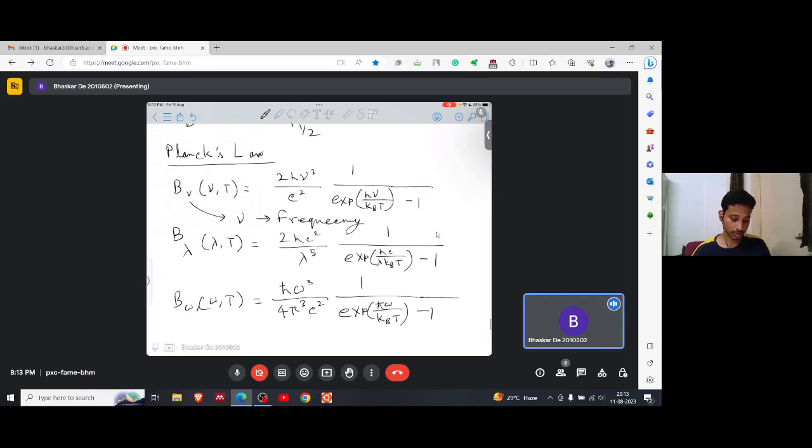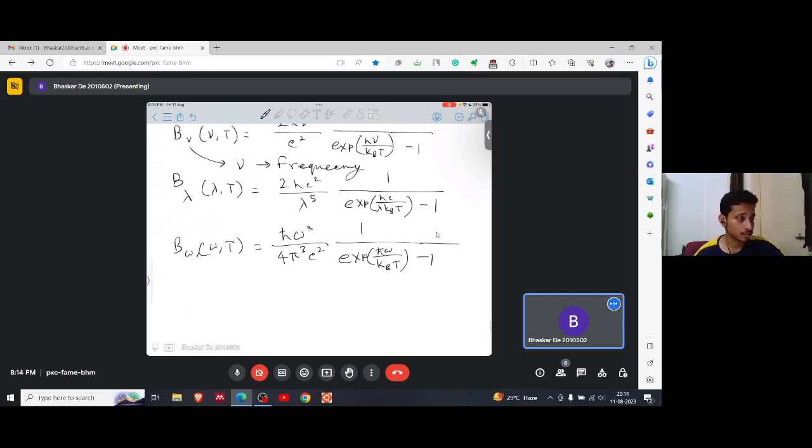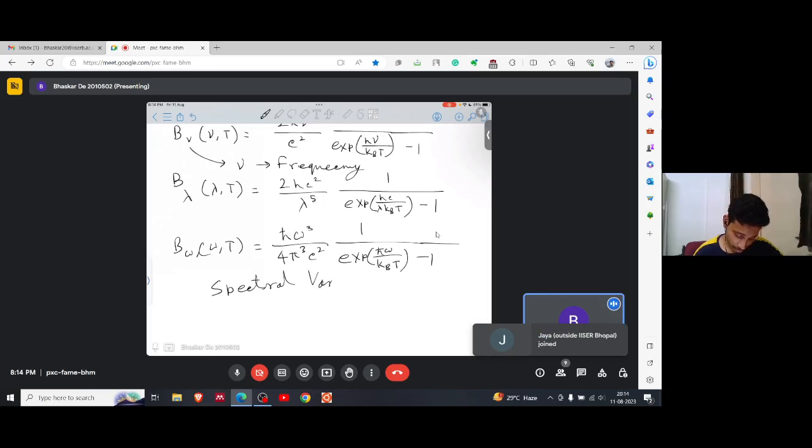So these are the different forms of Planck's law in terms of different variables, and these variables are known as spectral variables: lambda, nu, omega.